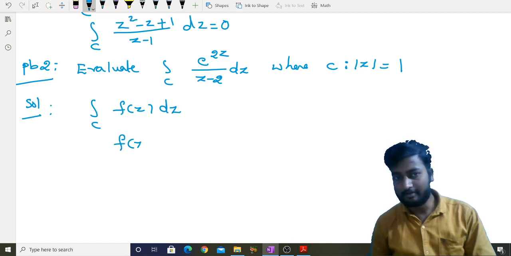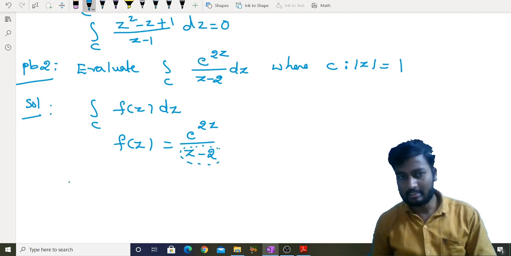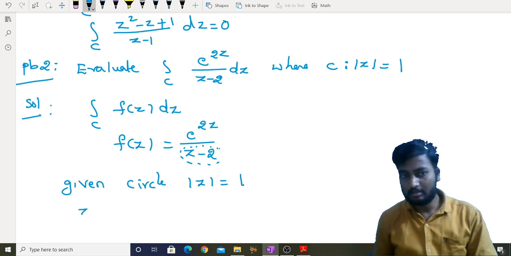So what is f of z? It is e power 2z by (z minus 2). Now you need to check whether z equal to 2 lies inside the given region or not. The given circle is mod z equal to 1.